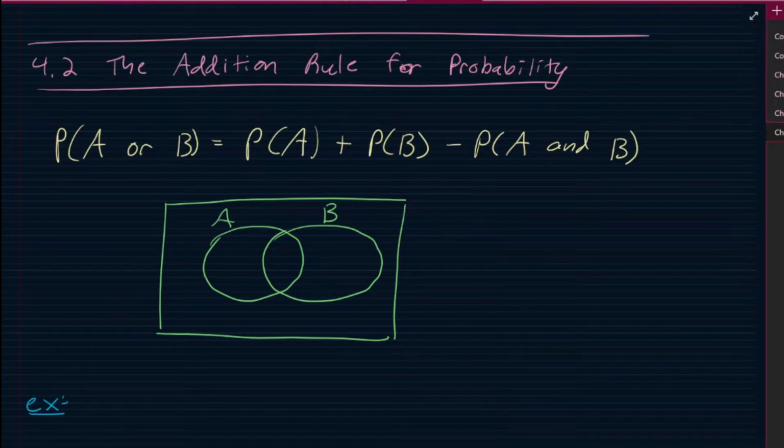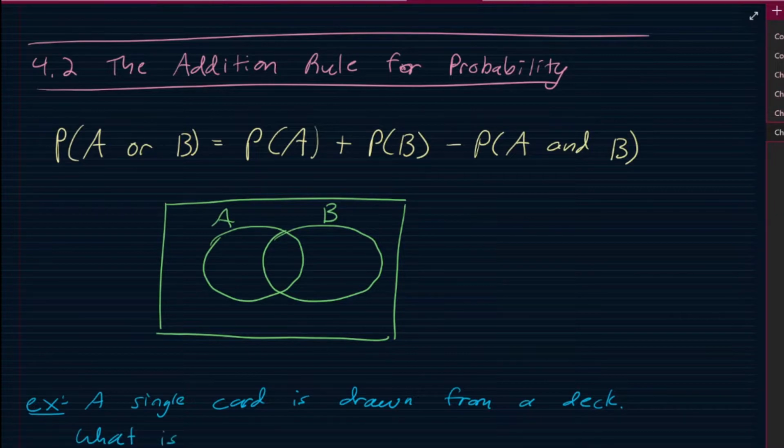A single card is drawn from a deck. What is the probability of getting a 9 or a diamond?